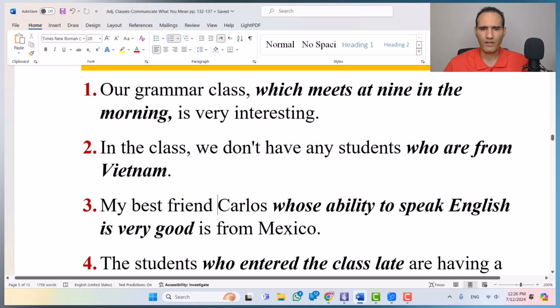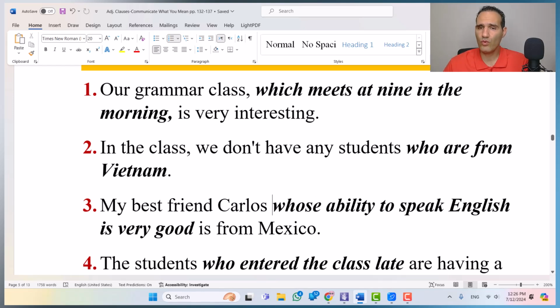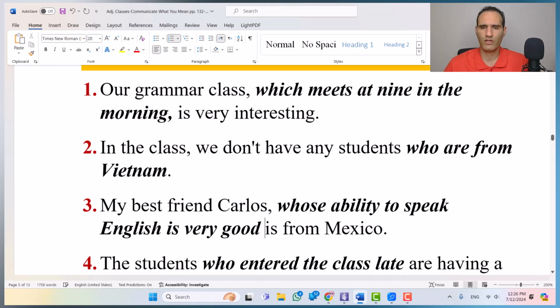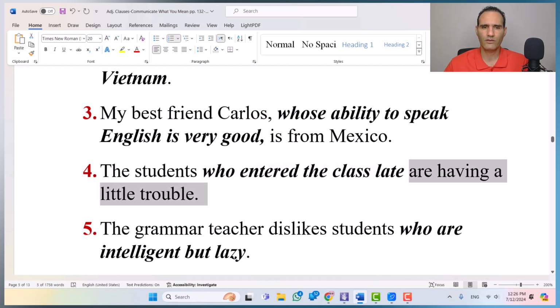My best friend, Carlos, whose ability to speak English is very good, is from Mexico. So, my best friend, Carlos. There is only one best friend. Again, it is an unnecessary adjective clause. The students who enter the class late are having a little trouble.